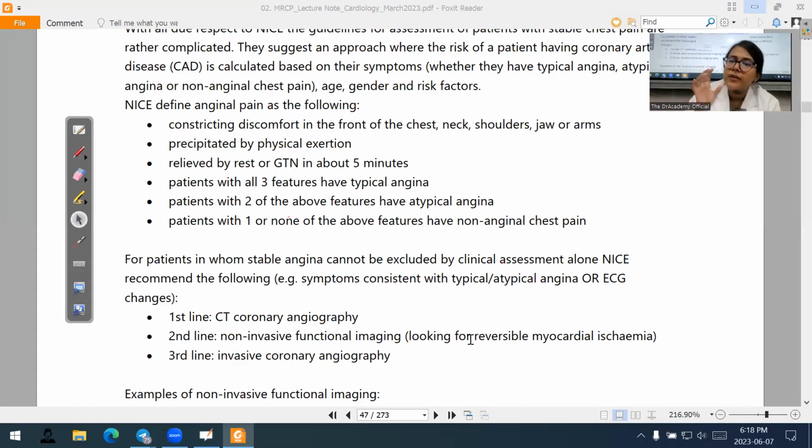No. For short PR interval, there is only one cause I have mentioned. And maybe if I draw the ECG, imagine this is the P wave, and this is the Q wave, and this is the R. So you can see there is a slurred upstroke. So what do you think the diagnosis is?